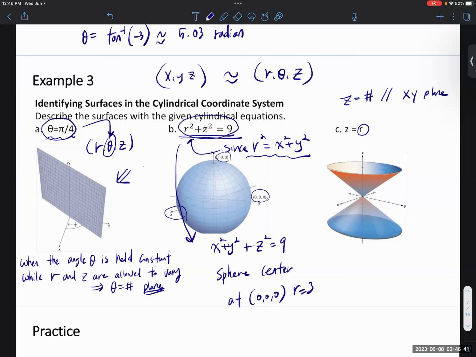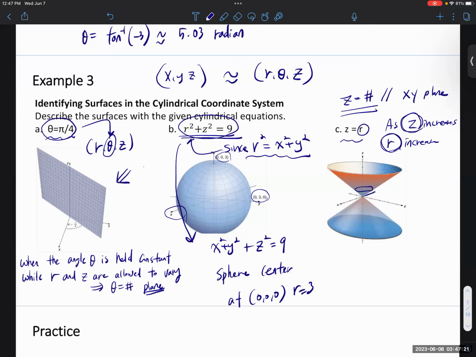So let's think about it. As the value of z increases, r also increases, correct? We know that z equals some number is going to be a parallel plane, and then we find the characteristic: as z increases, r increases, or z decreases, r also decreases. So z equals r, so there's a radius.